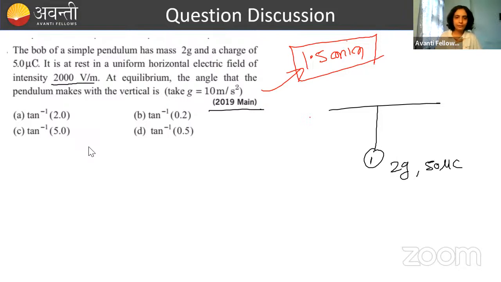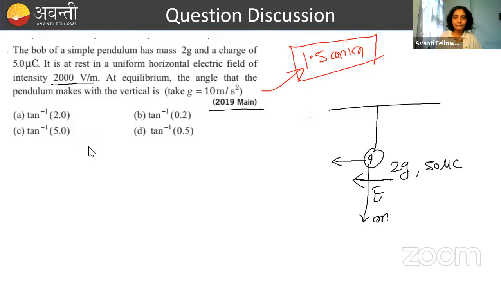Suppose the electric field is in this direction. Then the force will also act in this direction because the charge is positive. On a positive charge, force acts in the direction of the electric field, and on a negative charge, force acts opposite to the electric field.